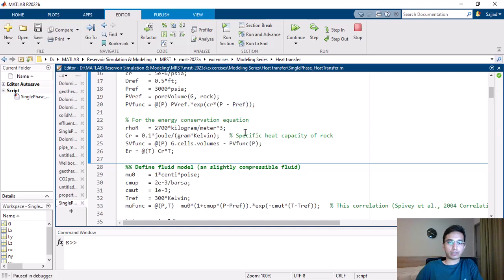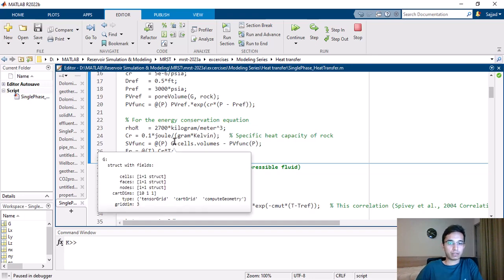And for the energy conservation equation, we also need to have some data about the rock.